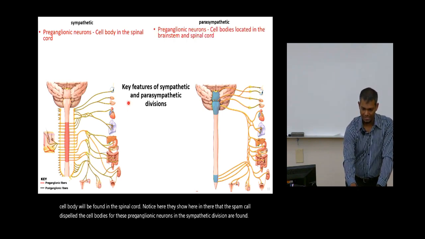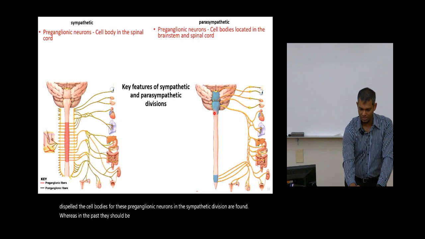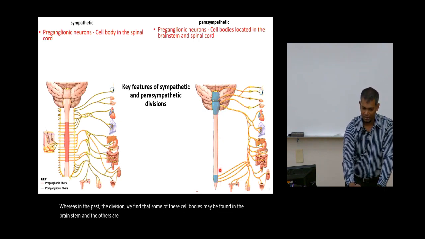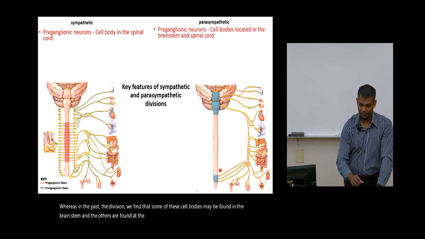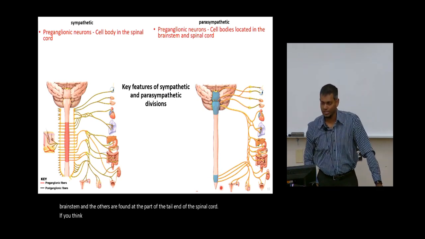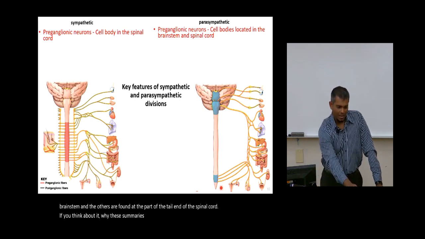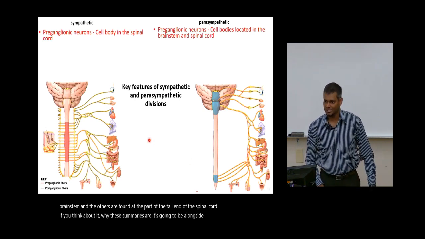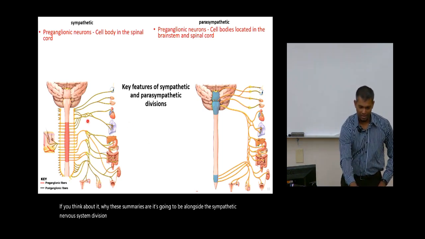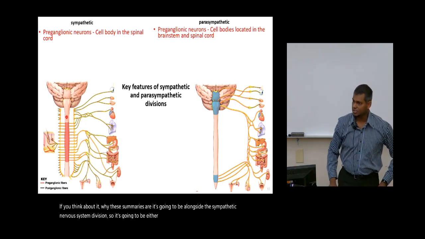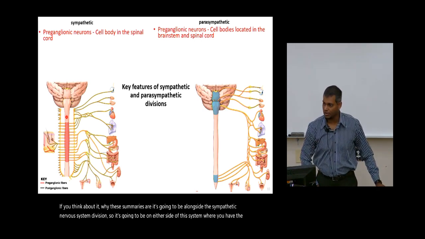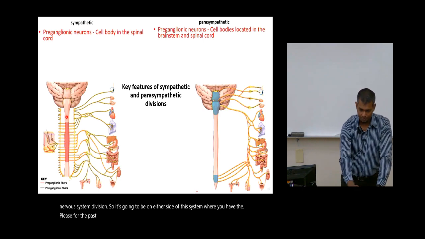Whereas in the parasympathetic division, some of these cell bodies may be found in the brainstem, and the others are found at the caudal or tail end of the spinal cord. So if you think about where these cell bodies are, it's going to be alongside the sympathetic nervous system division, on either side of it, where you have the neuronal cell bodies for the parasympathetic division.